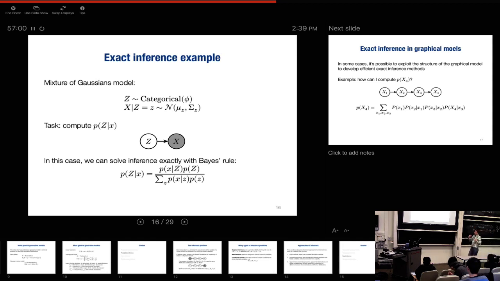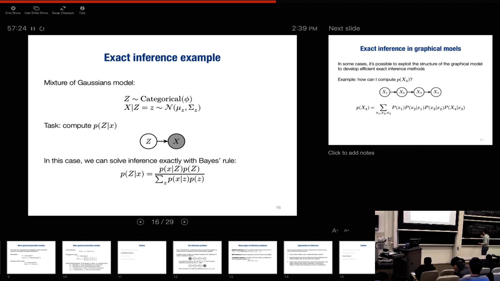One of the things you want to do in mixture of Gaussian modeling is compute the probability over my different discrete variables given some observed quantity x. So given some observed quantity, how likely is it to come from each one of these different modes of my distribution? The way you do that is very simple. It's just Bayes' rule.